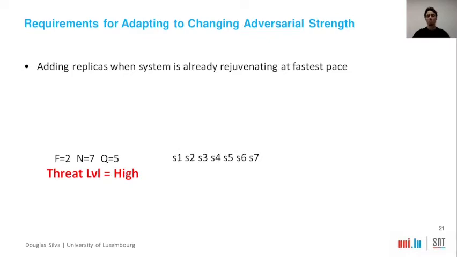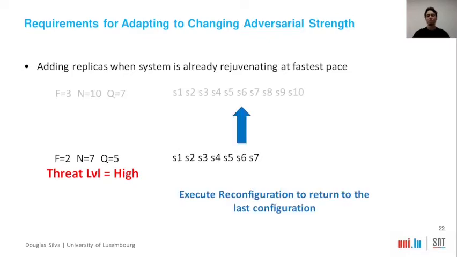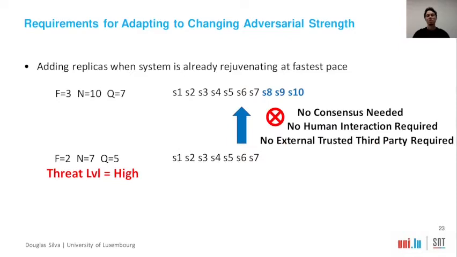So our system can execute a reconfiguration, without running a consensus, to a safer state, where the system can cope with more faulty nodes. No consensus is needed, no human interaction is required, and no external trusted third party is required. I will go into more detail later on why they are not required here.